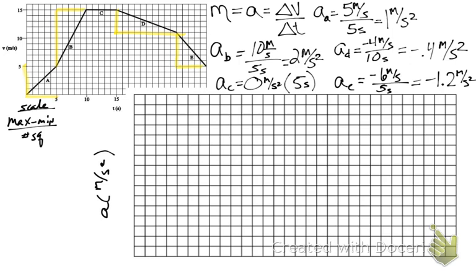So it's 2 minus negative 1.2 divided by 16 squares. That gives us 3.2 divided by 16, which is 0.2. So basically our scale is 1 square is equal to 0.2 meters per second squared.